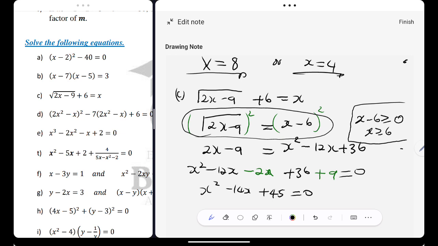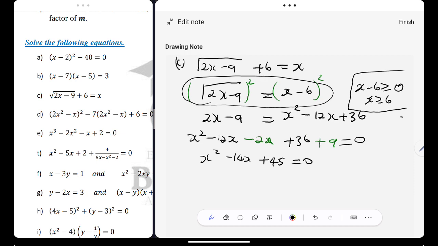There's nothing I can put under a square root and get a negative number. So when I have a square root on one side, after the equal sign, whatever number that is there should be greater or equal to 0. So it's important for me to write a restriction, because I will know which of my roots are applicable or not.